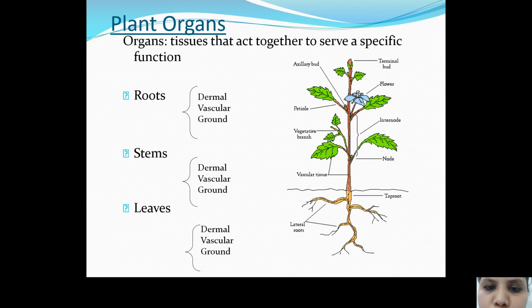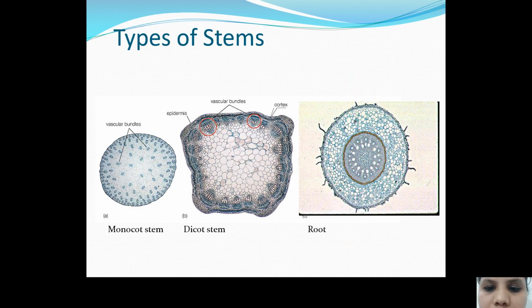Organs are nothing but the tissues that act together to serve a specific function. Here you can see all the three organs of a plant, starting from the base: roots, stems, and leaves.